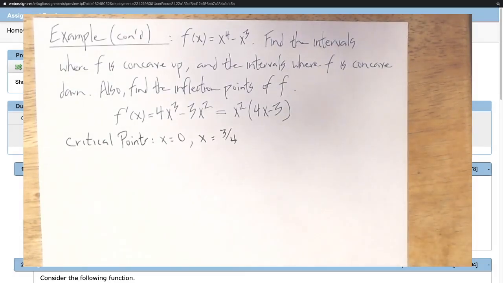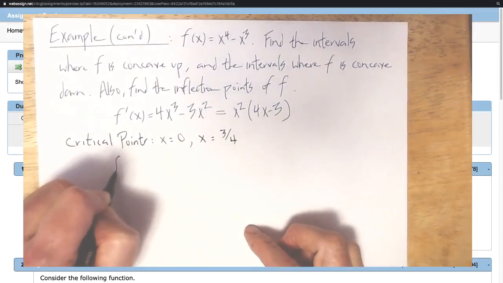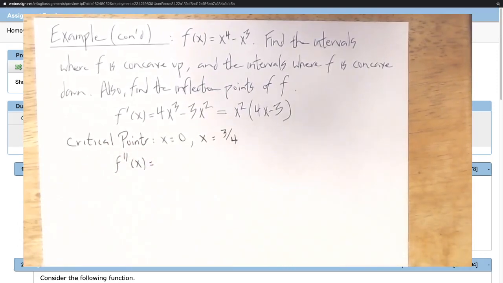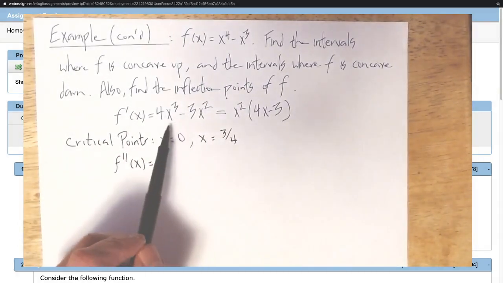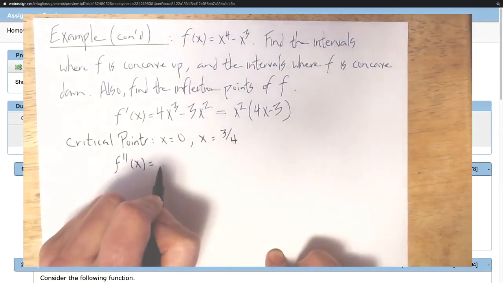To find intervals where f is either concave up or concave down, what you need to do is find places where the second derivative is positive or negative. So let's go ahead and compute the second derivative of this guy, f double prime of x. Actually, in computing the second derivative, it's a lot easier to use the unfactored form because you don't have to use the product rule in this case.